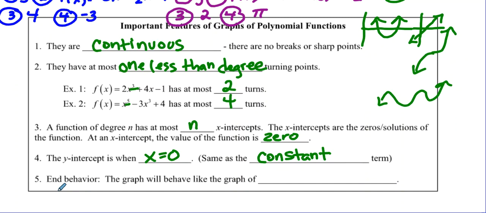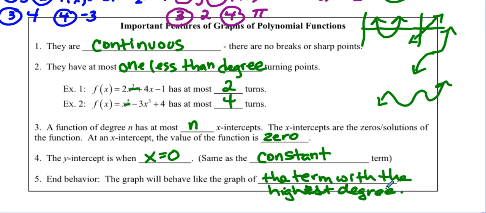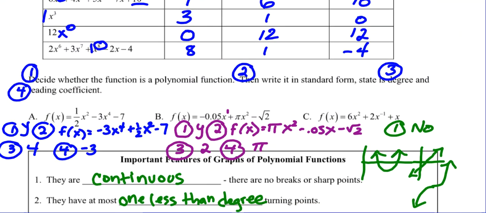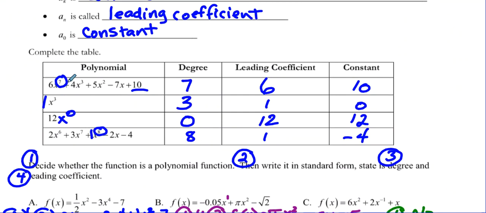End behavior. The end behavior depends on the graph of the term with the highest degree. So if we're looking at one of our other polynomials, let's look at one example. Okay, let's say we were looking at this one right here, 6x to the 7th.